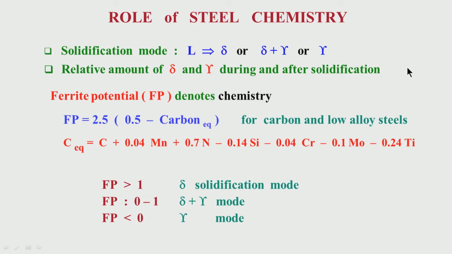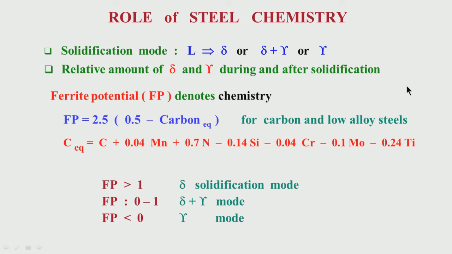So, ferrite potential is an indication of chemistry. Simply described, it denotes chemistry in terms of the carbon equivalent of a particular grade of plain carbon or low alloy steel.